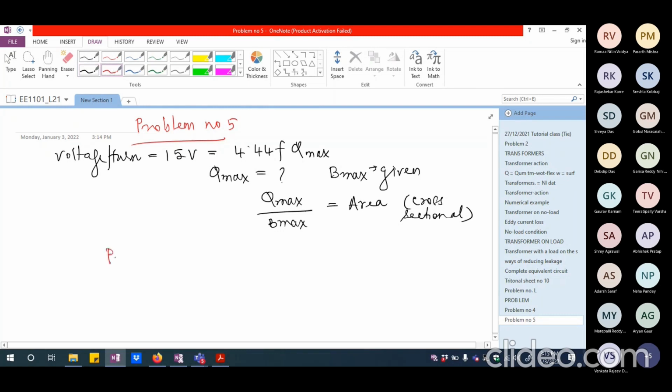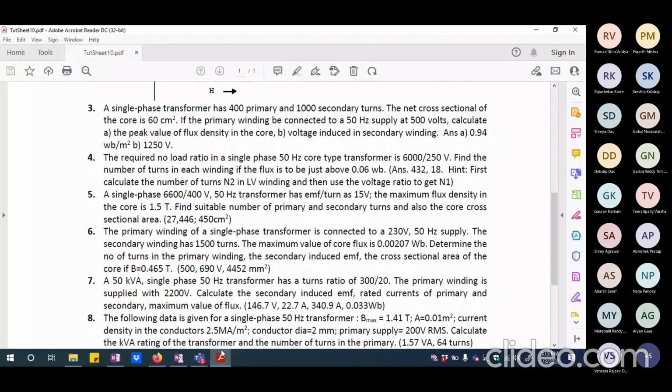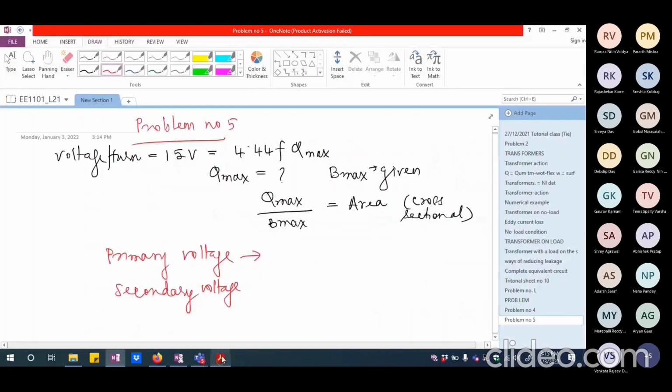And similarly, primary voltage is given and secondary voltage is also given. So I should say primary voltage is given as 6600 and this is given as 400. So this is given and this is also given.